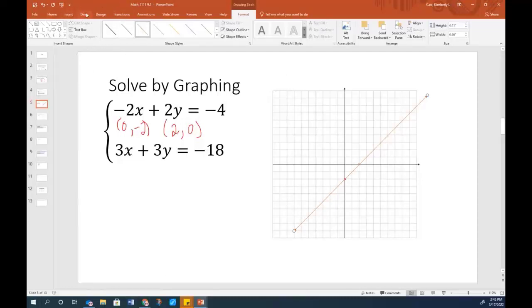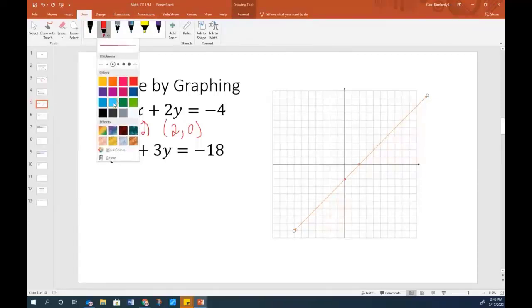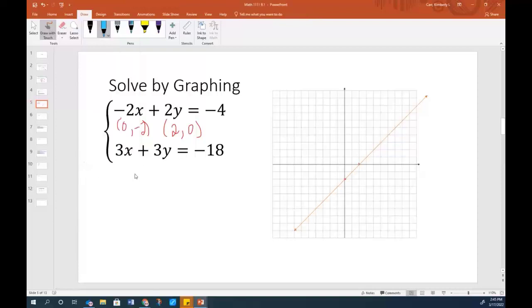All right, then we'll go back and look at our second equation, and just because I'm wanting to show you how you can do it both ways, we're going to do this one by rearranging rather than by intercepts. So if I wanted to rearrange this one, I would take this x term over, and I would have 3y equals -3x minus 18, then divide by 3.